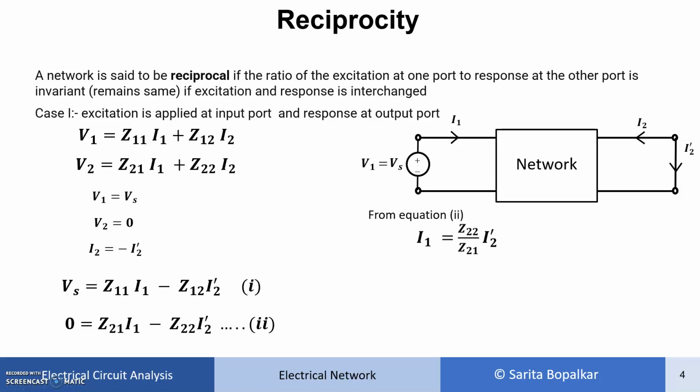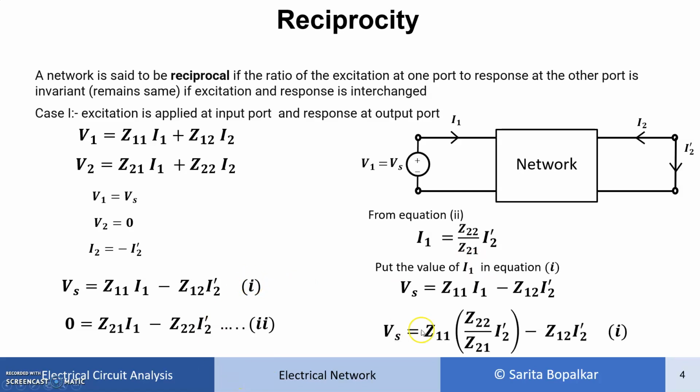From the second equation, we get I1 equal to Z22 upon Z21 times I2 dash, and we put this I1 in the first equation, and we get Vs equal to Z11 Z22 upon Z21 I2 dash minus Z12 I2 dash.